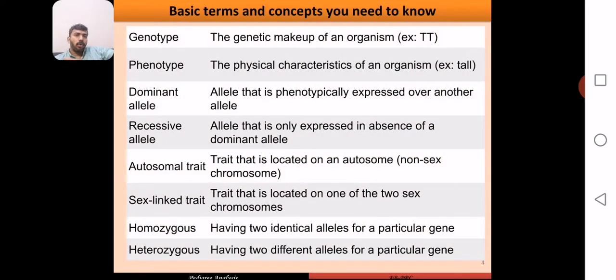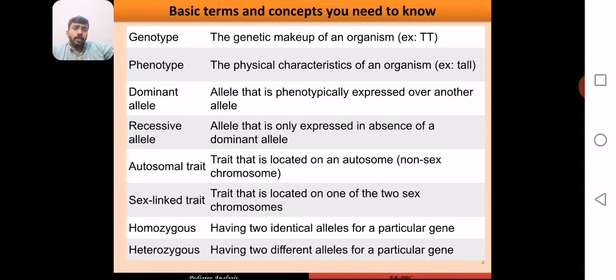And before we go for the discussion of pedigree, these are the basic terms we usually encounter during this discussion: genotype, phenotype, dominant allele, recessive allele, autosomal trait, sex-linked trait, homozygous. All those things are there. So in this part of the presentation, I am not discussing much on these things.